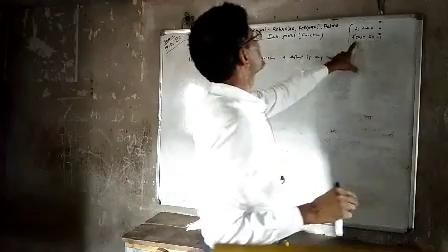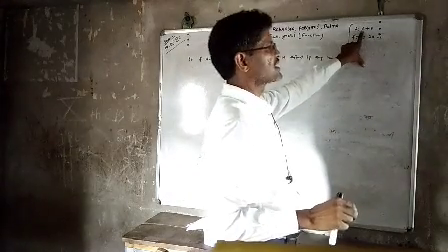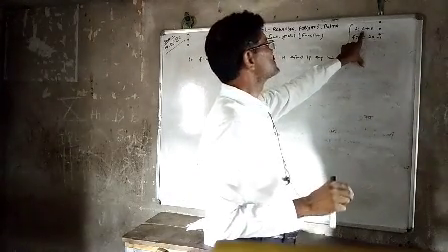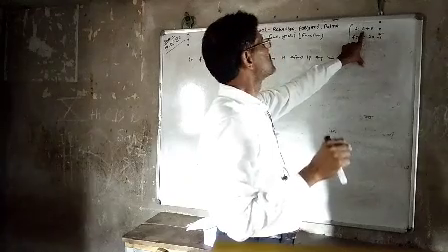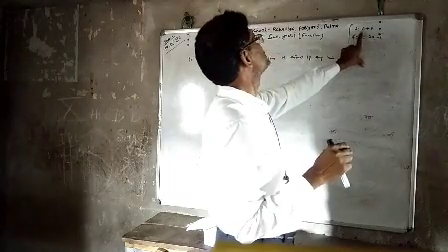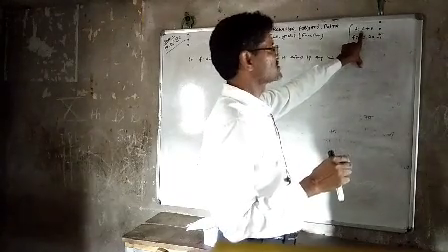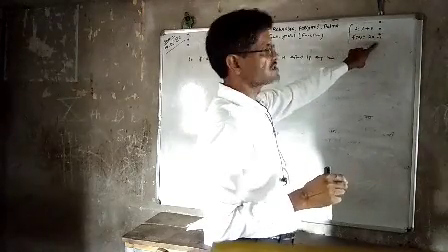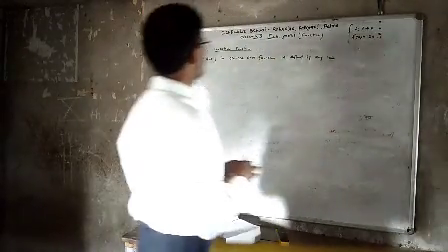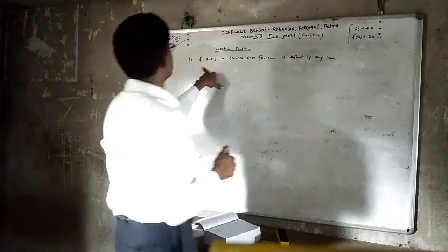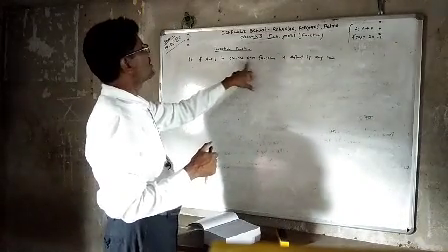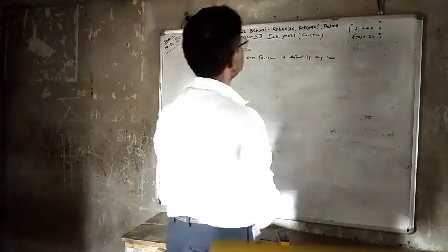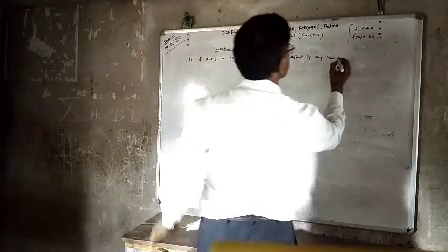Hence, we can find the image of every element of set A in set B by this rule.